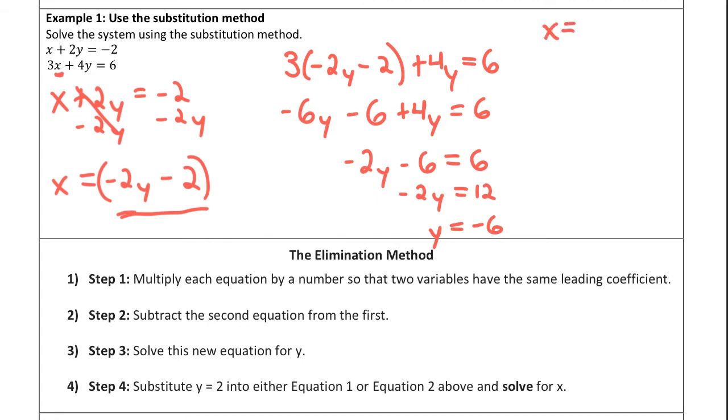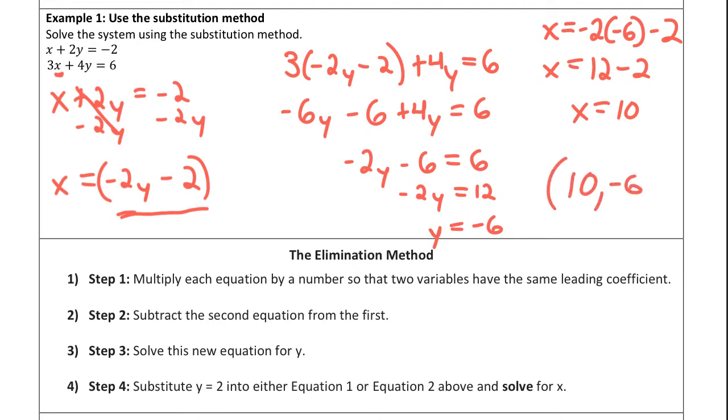So this becomes x equals negative 2 times negative 6 minus 2, which simplifies to 12 minus 2, which simplifies to 10. So my solution is the point 10, negative 6.